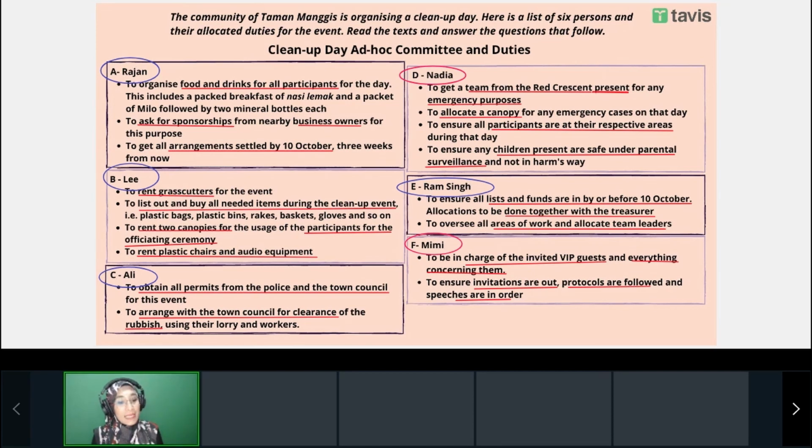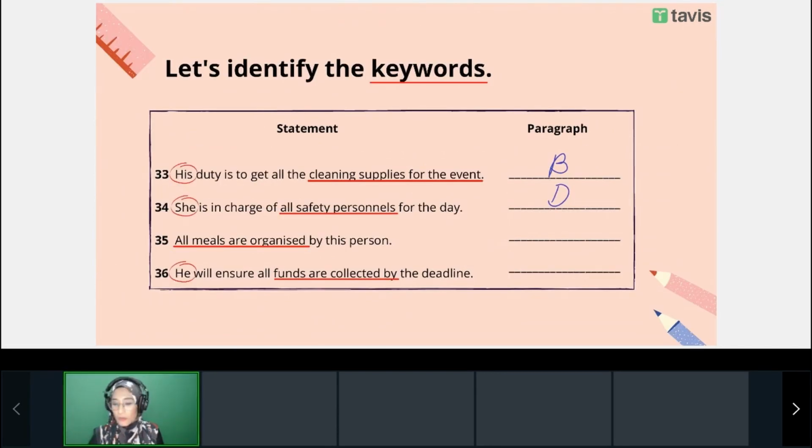All right. So the word nasi lemak is stated here. So this man or this guy is in charge for the food. So we can say that Rajan is A. So this is A.